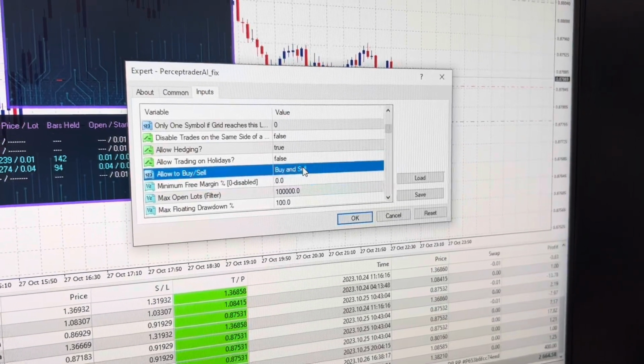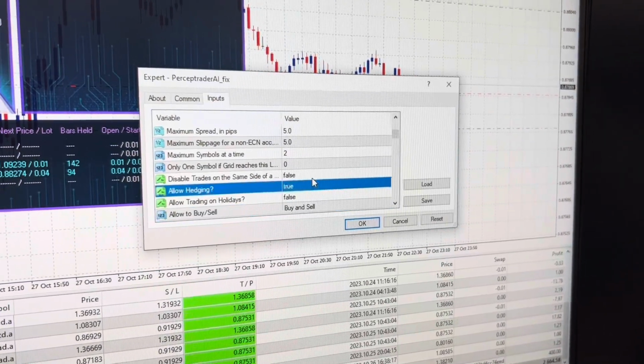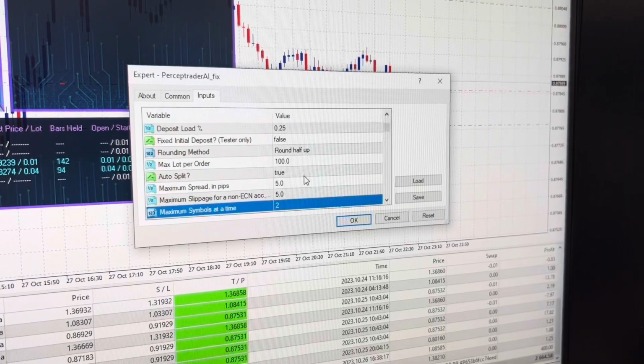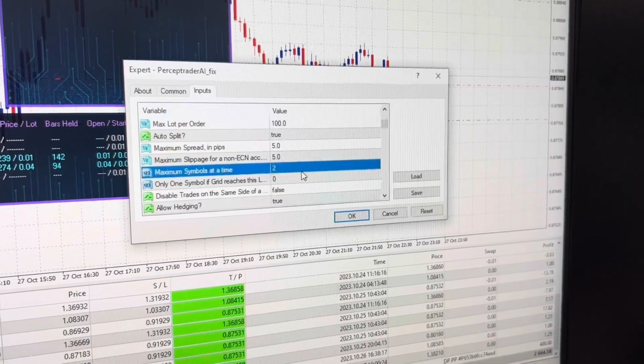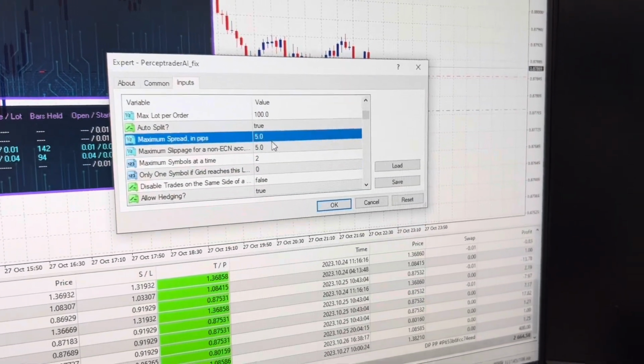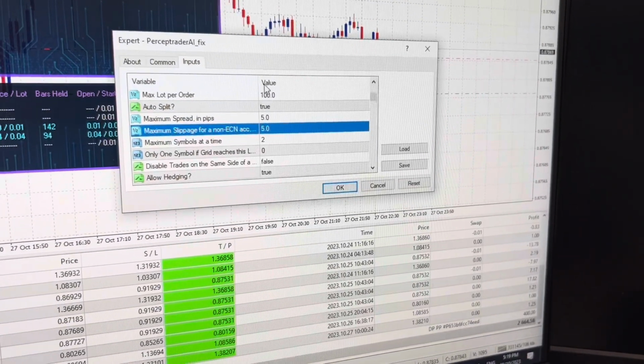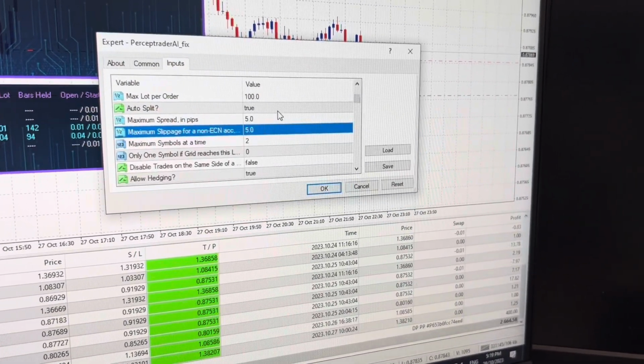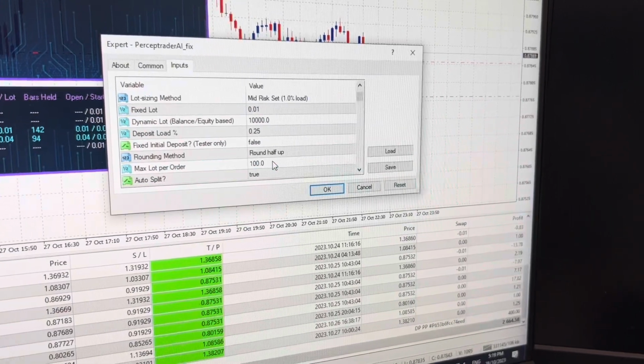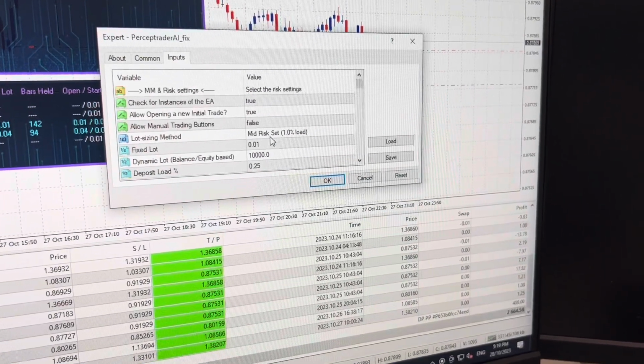Buy and sell. Hedging true, maximum symbols 2. Spreads, that's quite important. You don't want heaps of spread, so max spread is 5.